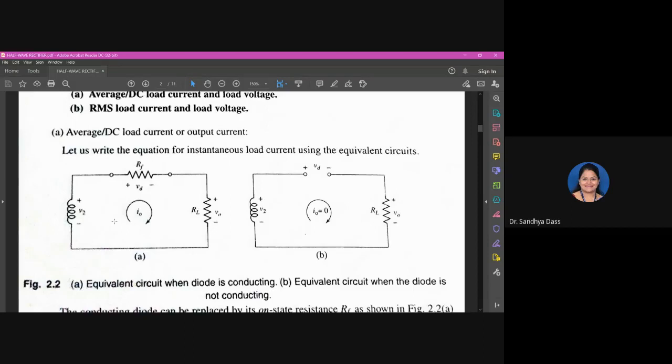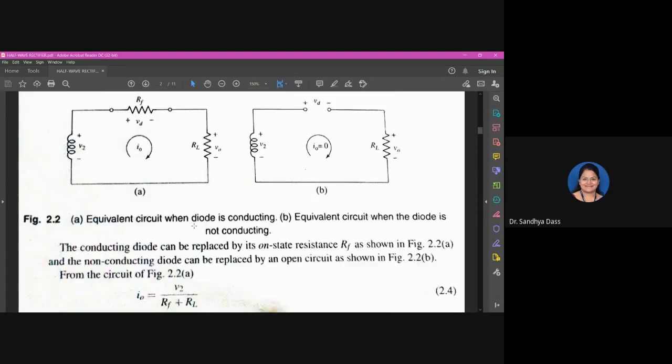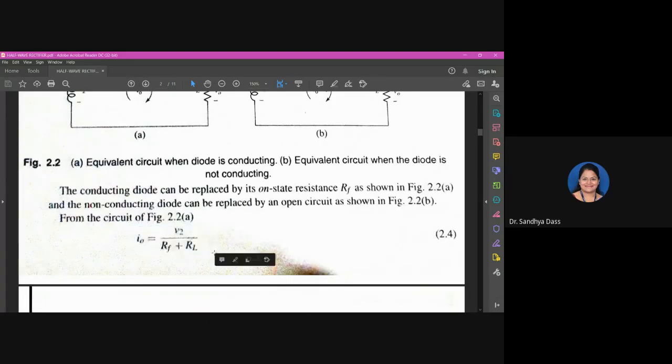So from that, taking I naught outside, inside the bracket you will have RF plus RL, and on the right hand side you take V2. So my I naught will be equal to V2 by RF plus RL. Are you with me? I naught will be equal to V2 by RF plus RL.